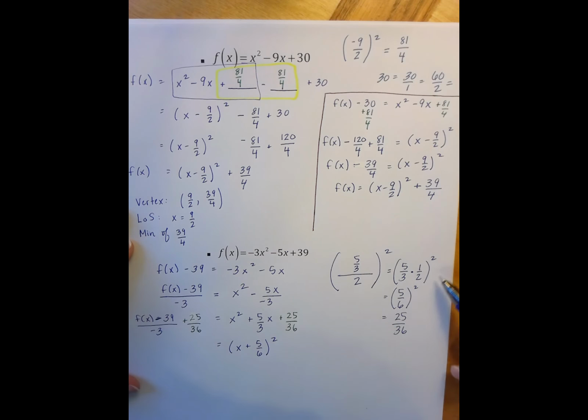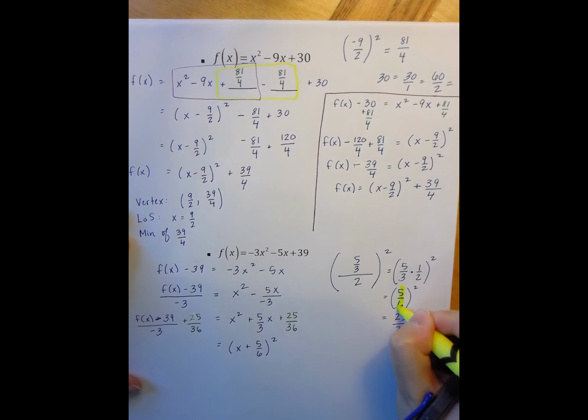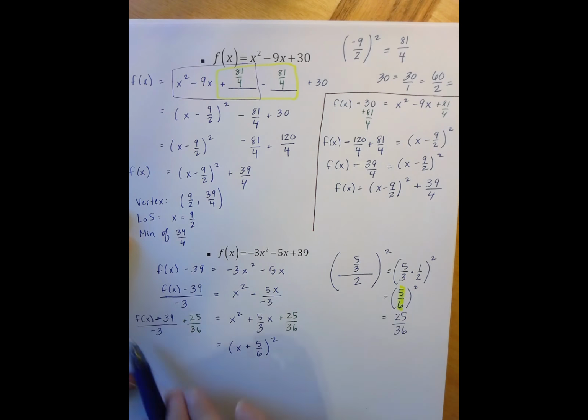And the nice thing about showing your work for taking your b and dividing it by 2 and squaring it is that you'll always end up with the part of your perfect square binomial at this step where you have your b over 2 simplified. So now I need to deal with my left-hand side. There are many ways to deal with this.